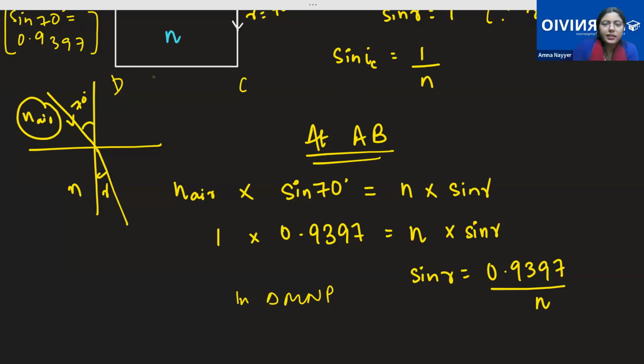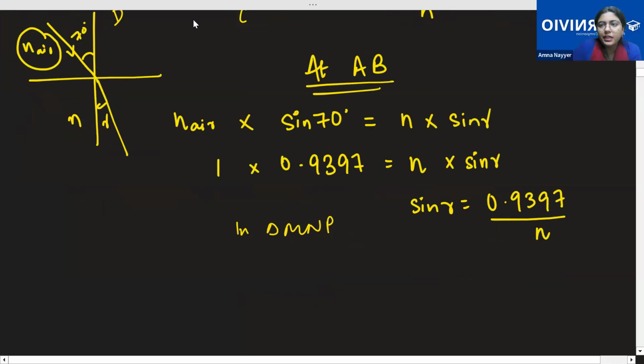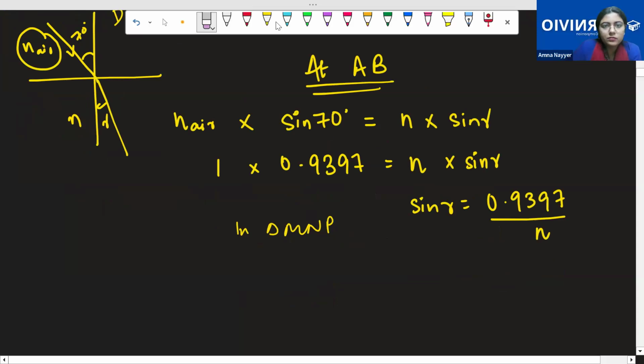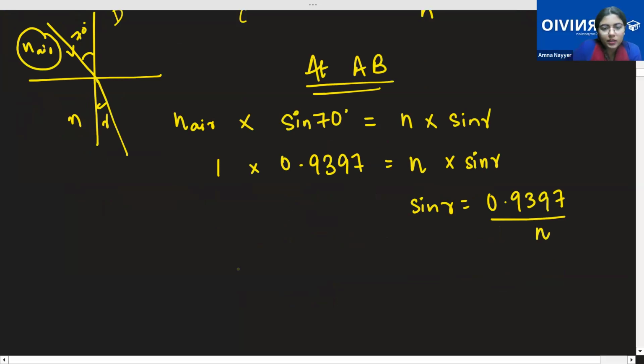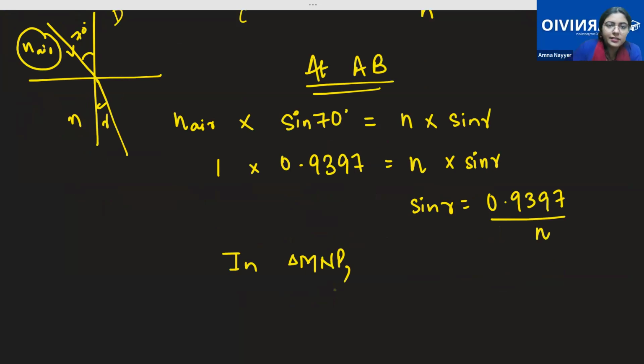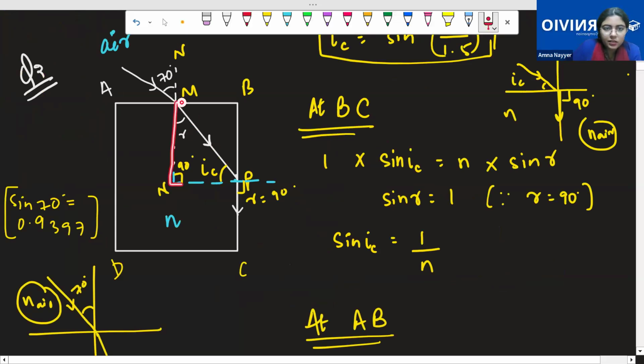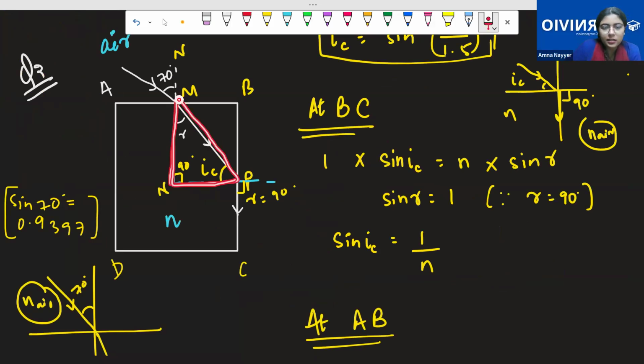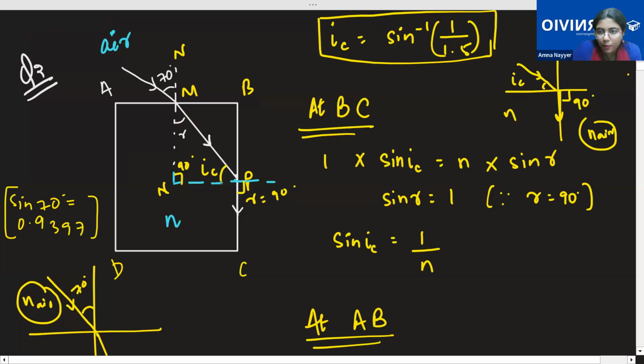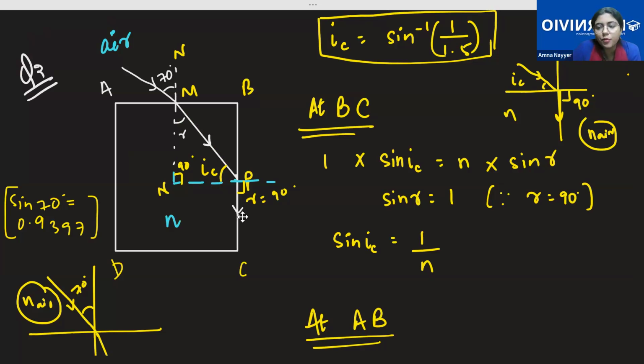Okay, look at this. In triangle MNP, let's say this point is M, this is N, this is P. Look at this triangle. If we apply the angle sum property, IC plus R plus 90 degrees should be equal to what's the angle sum property? 180. Very good, Aisha.